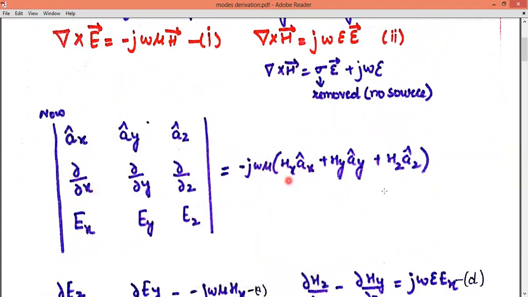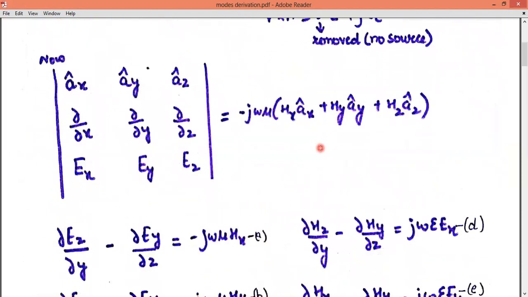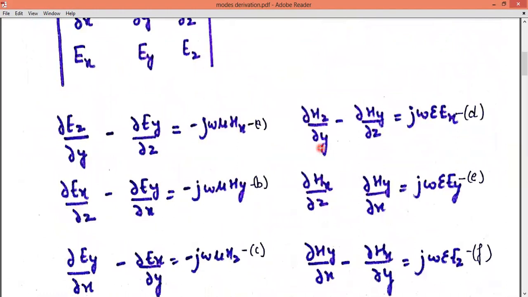By this equation we write this, and from the magnetic field equation we write like this. So now both electric and magnetic fields have three components. We will be equating with these three components to get all these six equations.